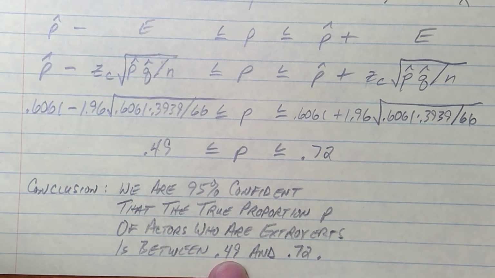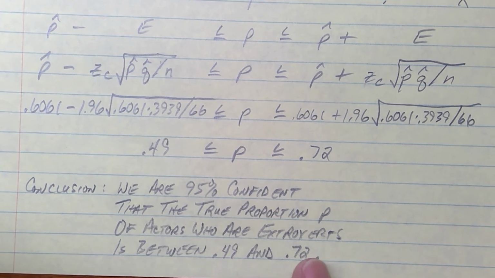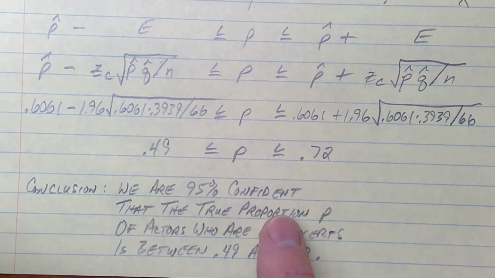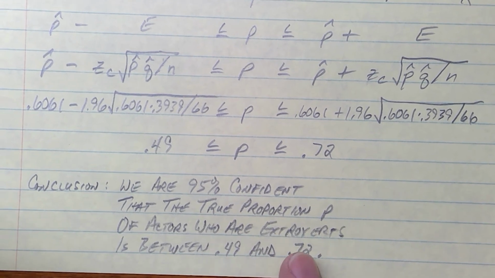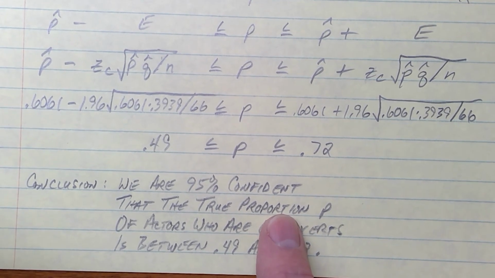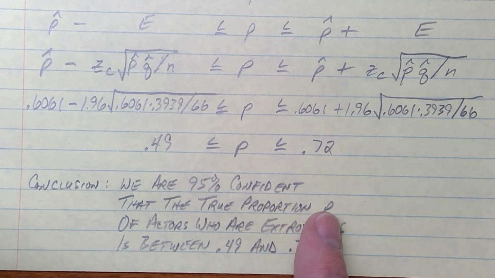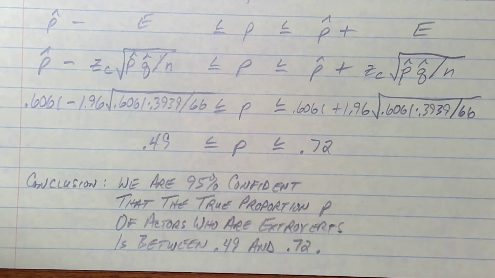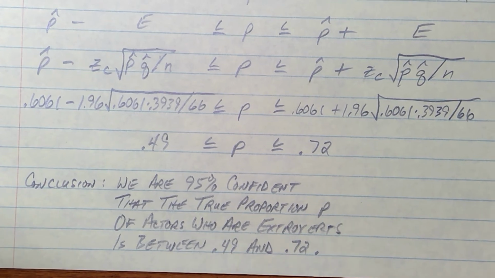So we think the proportion of actors who are extroverts could be as low as 49 out of 100, or it could be as high as 72 out of 100. I'm just speaking fraction because they're talking proportions. We answered as a decimal, which is great. But if you're talking proportions, you really should answer, or think of it at least, as a fraction. So the true proportion p, we're not sure, we're guessing at it, but we're 95% sure that it's somewhere between 49 out of 100 and 72 out of 100.